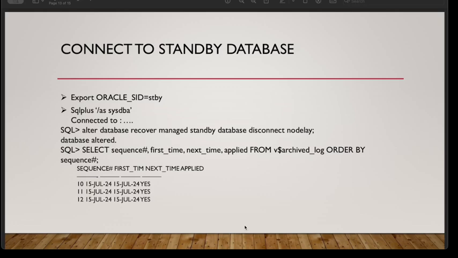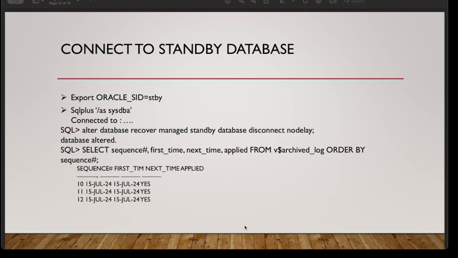Now we can see what is happening and how many are recovered after some time, after 30 minutes, 1 hour or 2 hours. Or you can go to the primary database and run the command alter system switch logfile.